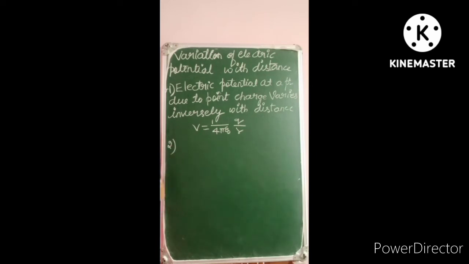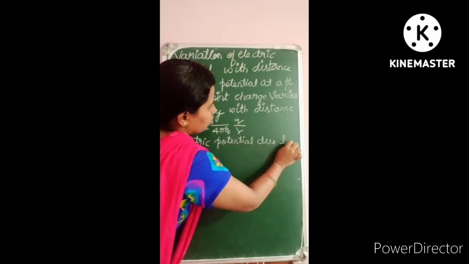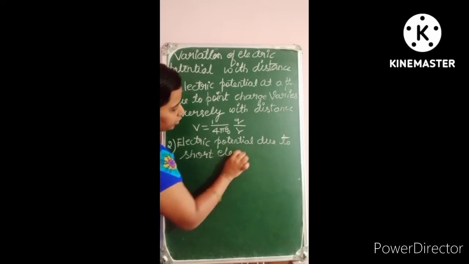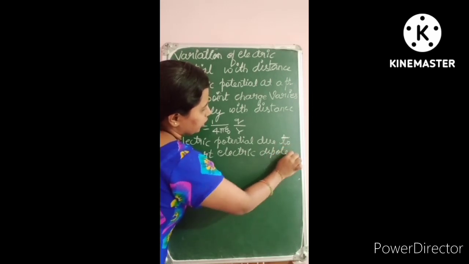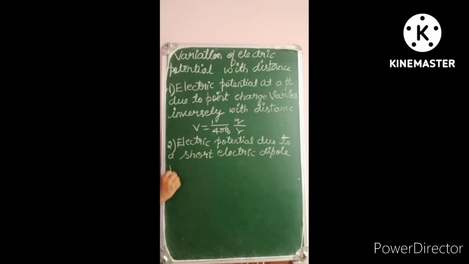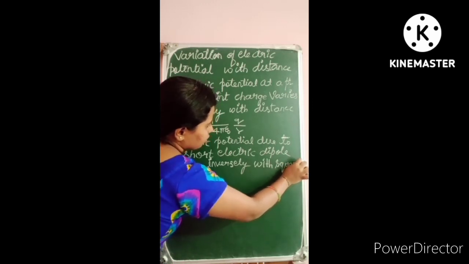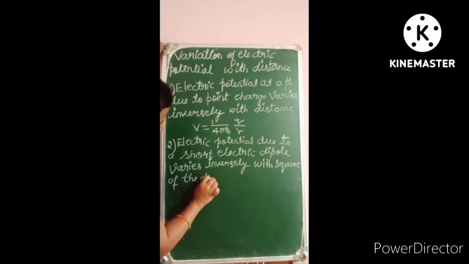The second one is the electric potential due to a short electric dipole, which varies inversely with the square of the distance, that is V is equal to 1 by 4 pi epsilon naught into P cos theta by R square.